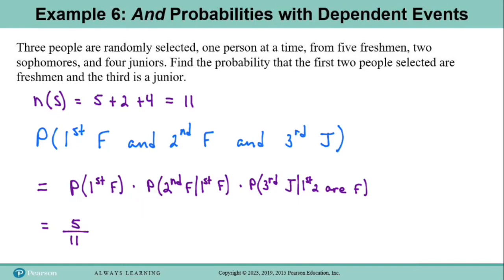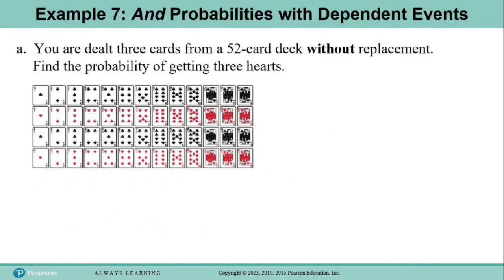So the second probability will be 4 divided by 10. For the third probability, we're now down to 9 people, but 4 of them are juniors. So the third probability is 4 divided by 9. And entering this into the calculator, we will get a decimal approximation of about 0.081.